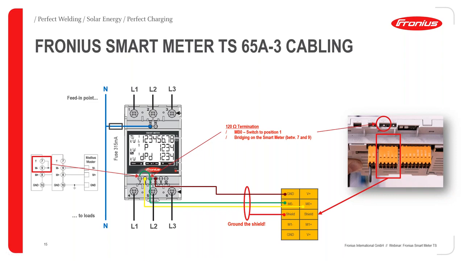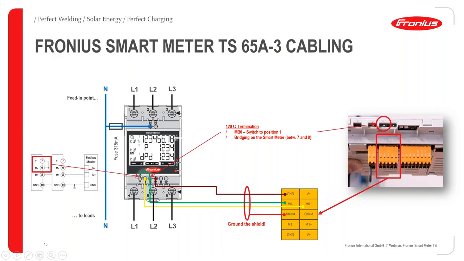The second thing is to always set the termination at the end of our Modbus line. Our Modbus RTU line is always a serial connection, and at the end of our line, we must make sure to set our 120 ohm resistor. That's to ensure the best data quality. In this case, the end of the data communication would be the smart meter on one side, and on the smart meter, this 120 ohm resistor is already integrated.